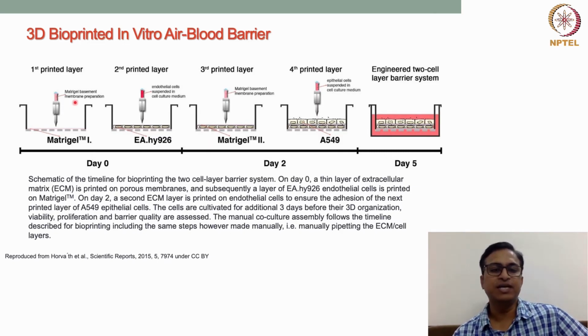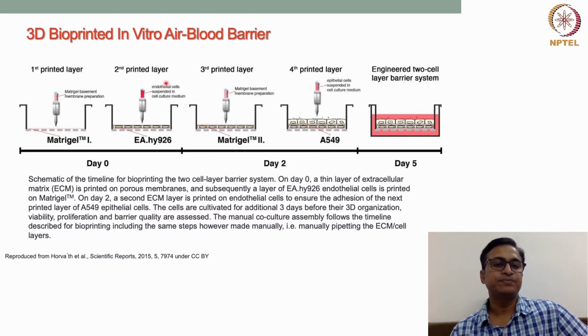On the first day, one layer of matrigel is printed with the inkjet bioprinting technique. A very fine layer of matrigel is printed on day one, and then they allowed the material to solidify or cross-link, and then they bioprinted the endothelial cells, suspended in cell culture medium, on top of that matrigel.